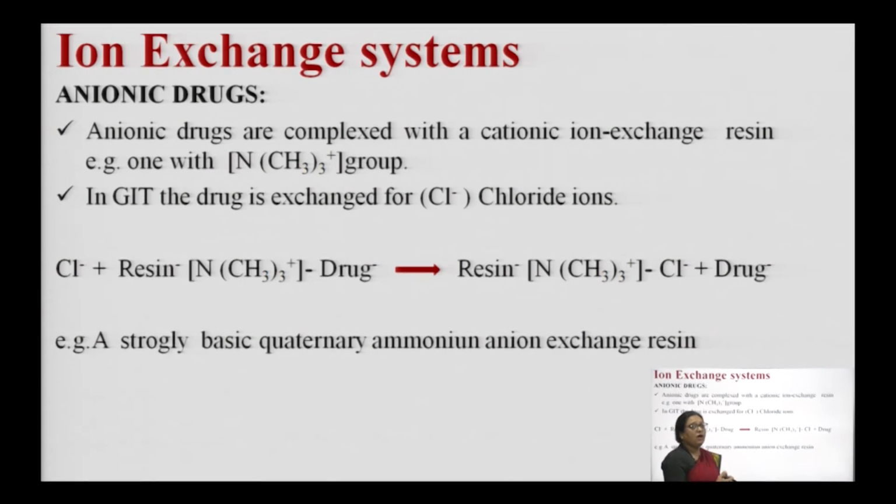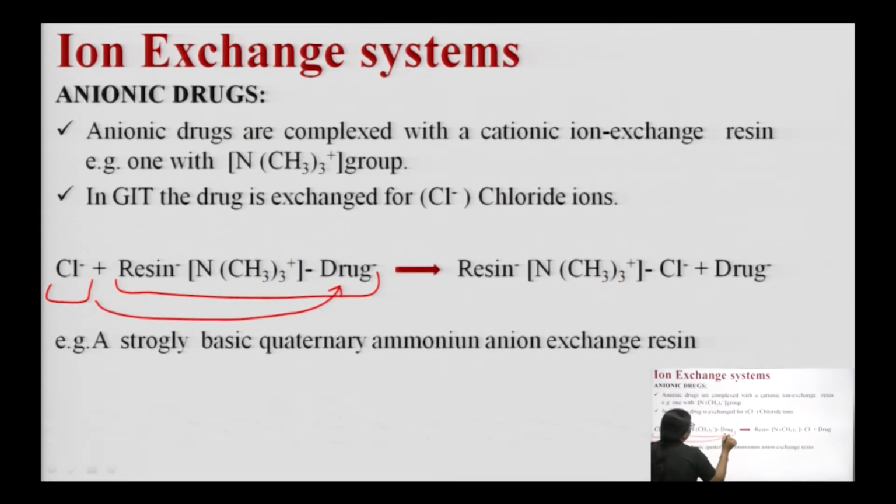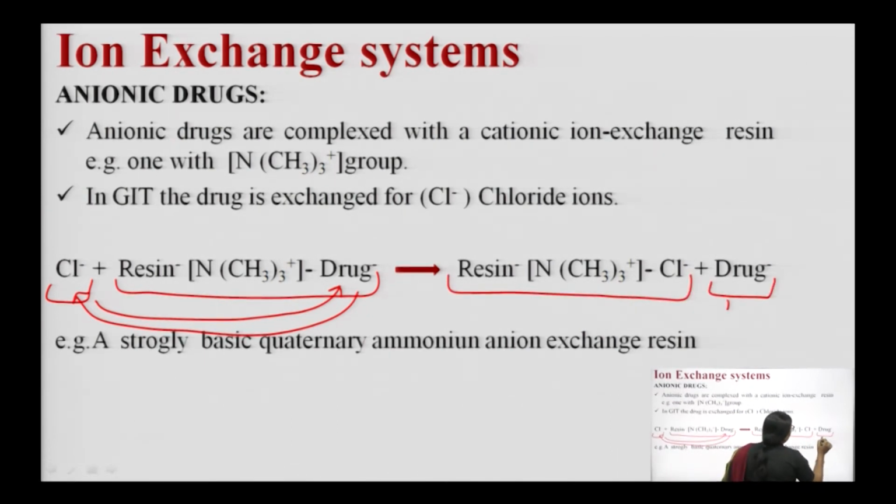Similarly, in case of an anionic drug, we can make use of a strongly basic quaternary ammonium anion exchange resin. It has been shown here, and then the anionic drug would be exchanged with the chloride ions of the GIT, so that the chloride will form a complex with the resin and free drug will be released from the resin surface.